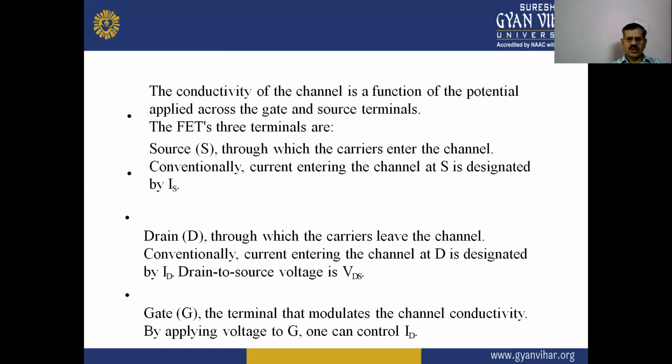VDS is the drain to source voltage. Gate G is the terminal that modulates the channel conductivity; by applying voltage to the gate, one can control the drain current.